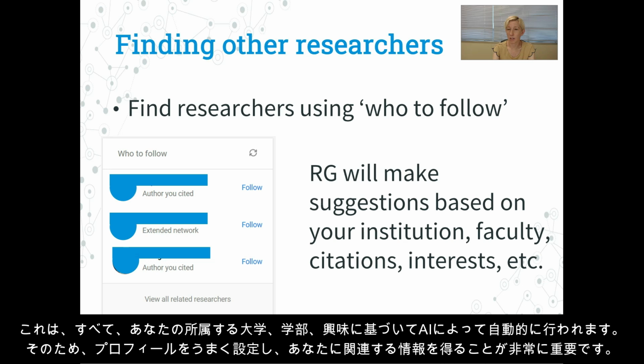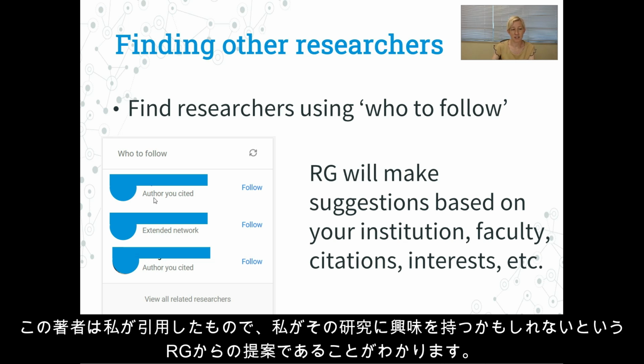This is all done through algorithms based on your institution and your faculty, your interests. So it's quite important that you set up your profile well, so that you get the information that really is relevant to you.